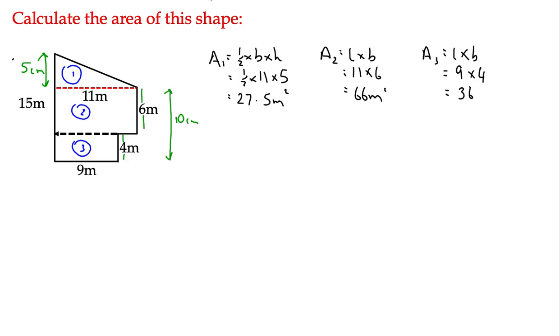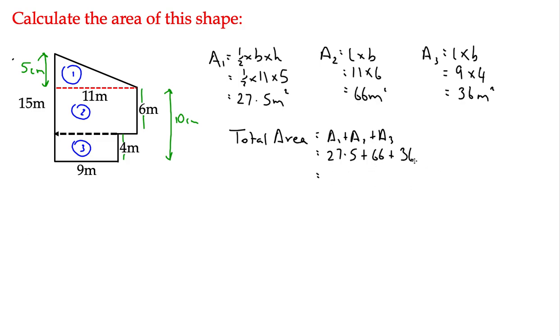In this case here, we've split it up into shapes, which again we have to add them all together. I could have thought about it as a big rectangle with a rectangular hole in it, but we'll just go with this. Total area, because I'm adding them all this time, is area 1 plus area 2 plus area 3: 27.5 plus 66 plus 36.